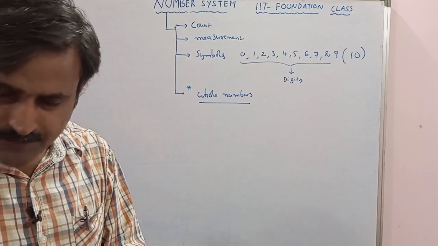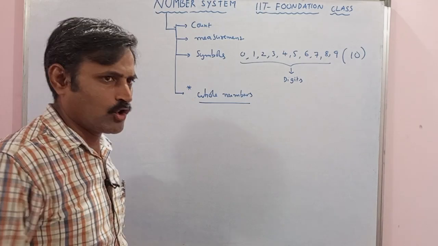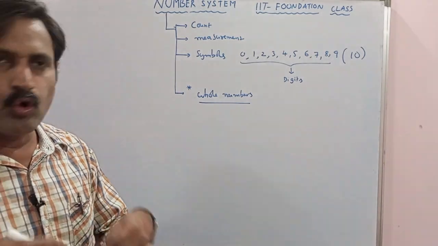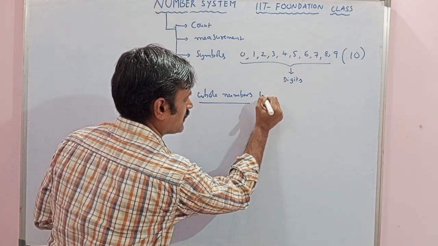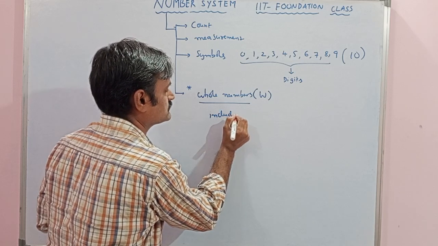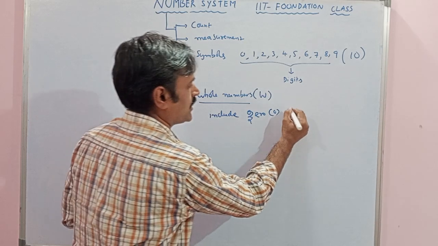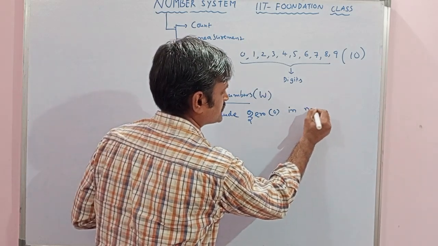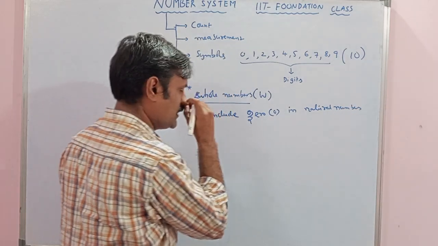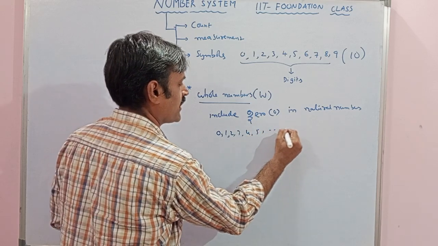Natural numbers are 1, 2, 3, where we started. So if you include 0 in the natural numbers, that set is called whole numbers, denoted by the symbol W. Including 0 in natural numbers, you will get 0, 1, 2, 3, 4, 5 and so on.